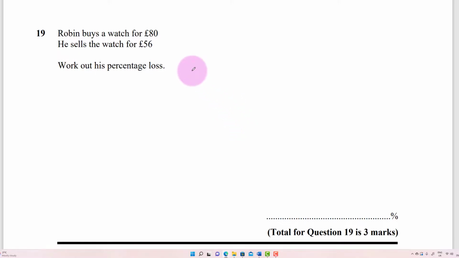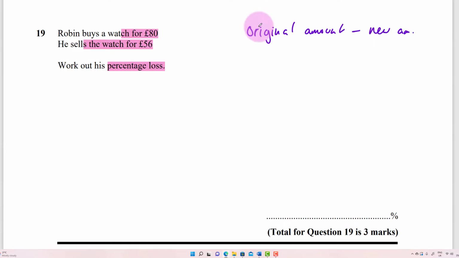Right. We have done this in class. You need to remember the skills. Highlight. Watch is £80. He sells the watch for £56. So obviously he's made a percentage loss. What is percentage change? It is normally the original amount minus new amount divided by original.